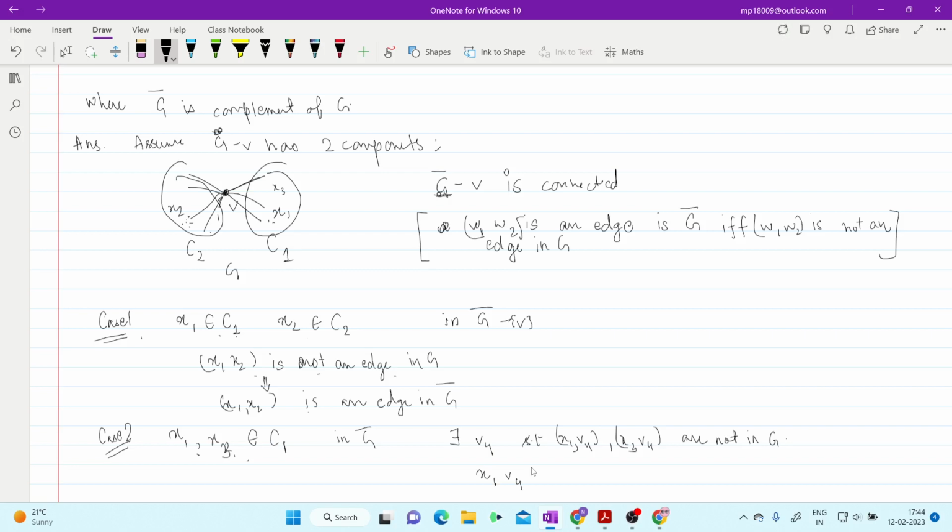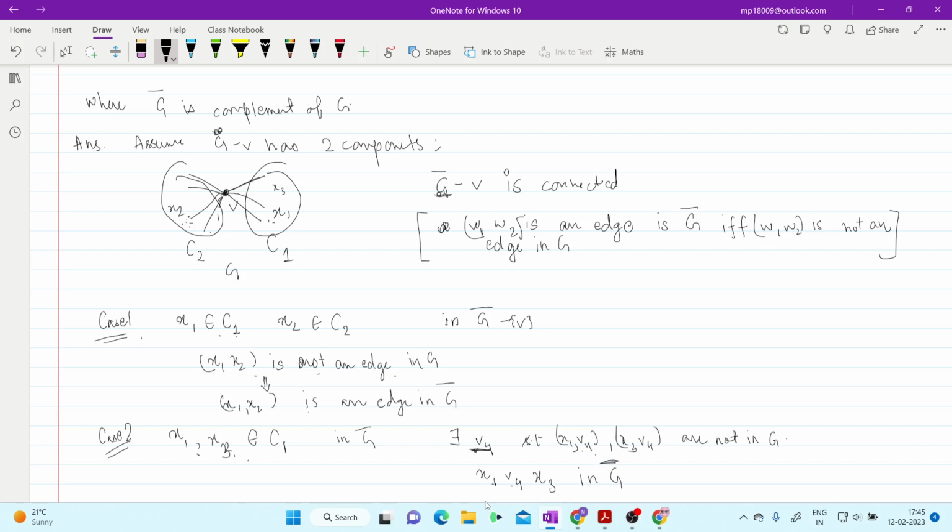So you are right, if we can guarantee that there is a vertex V4 such that x1 V4 is not an edge in G and x3 V4 is not an edge in G, then we'll get a path x1, V4, x3 in G bar.